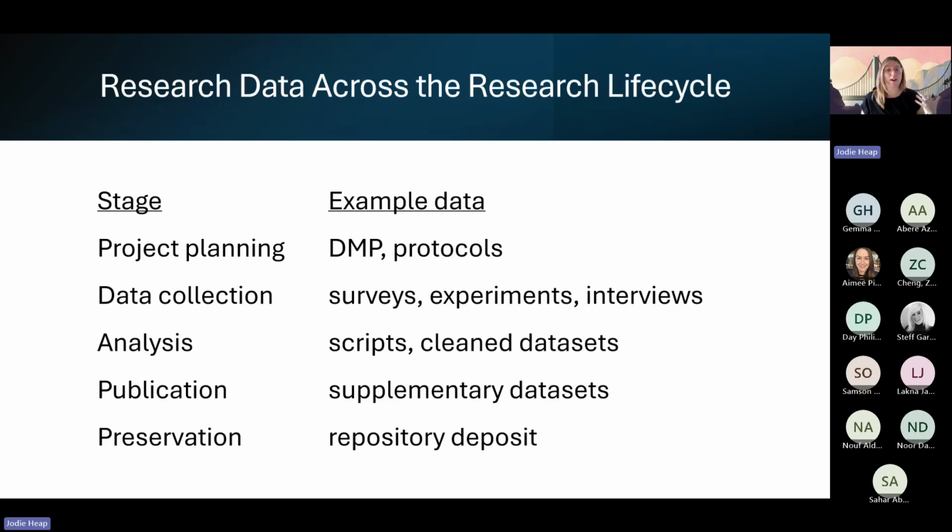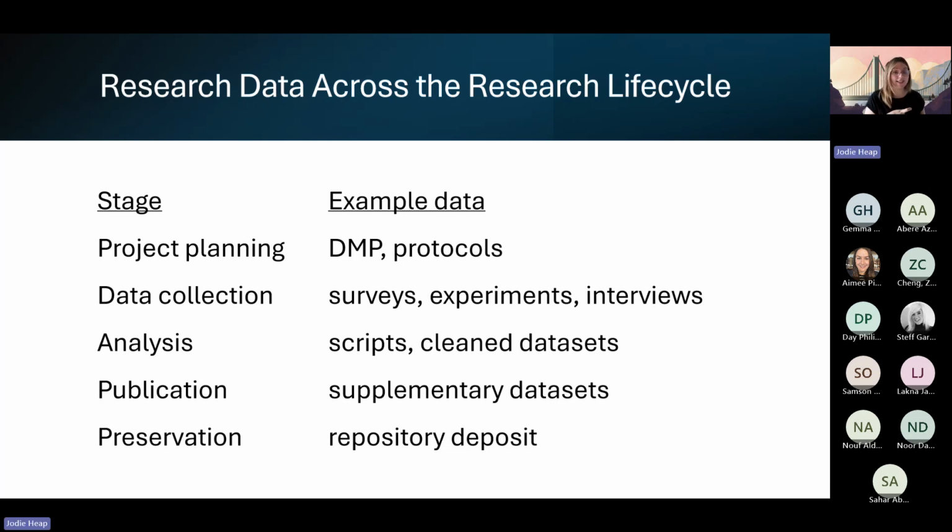Some examples of the different stages across that research life cycle: in the very beginning of our project planning process, we might draft our data management plan. We might have a look at the protocols that we want to use. We could share those. We could also look at data collection, sharing surveys and experiment views.